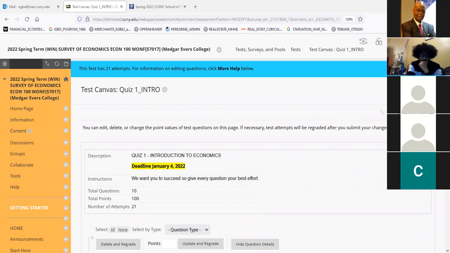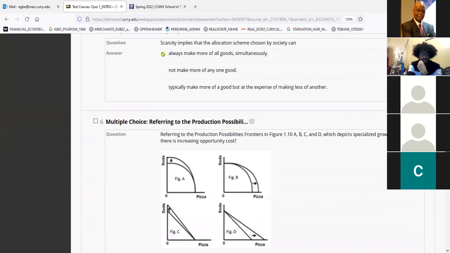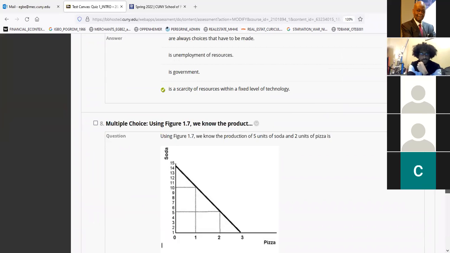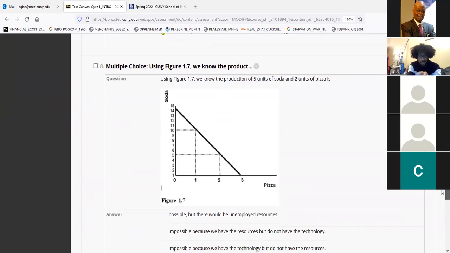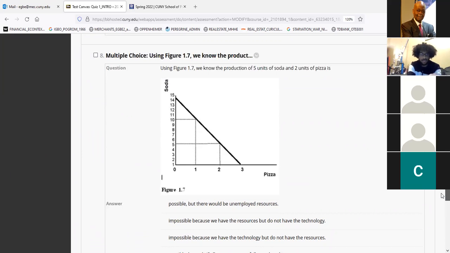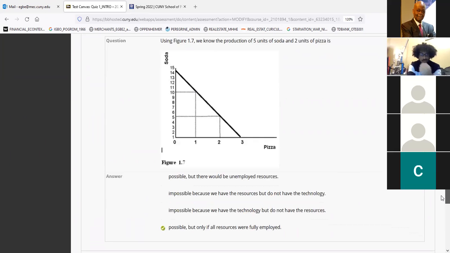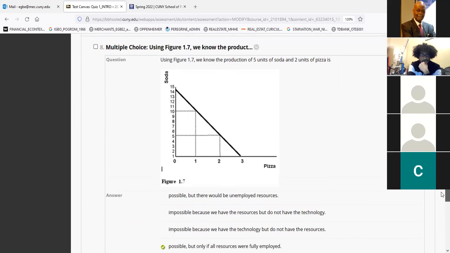Are you not able to see my screen? Yeah, it was this one right here. Number 3. Okay. I didn't know how to read that. I couldn't tell. Okay.